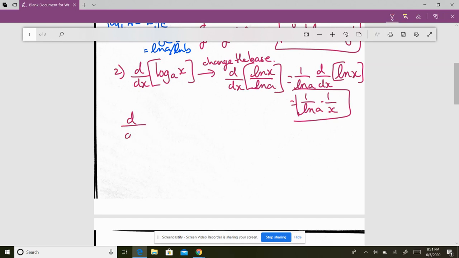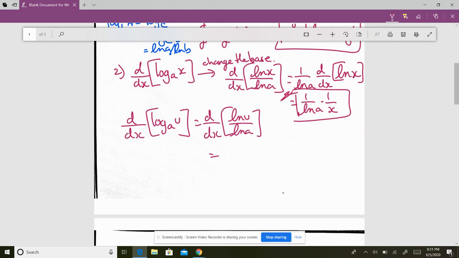You can get to the same spot if you do it with a u function. I'm not going to do it, but log base a of u, you're going to change it to natural log of u over natural log of a. Again, the 1 over natural log of a gets pulled out as we did here.